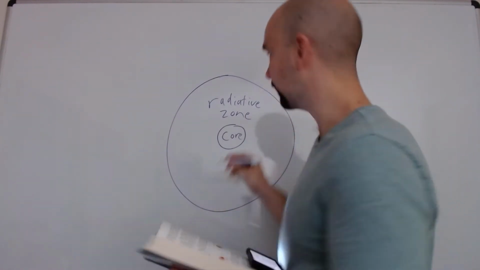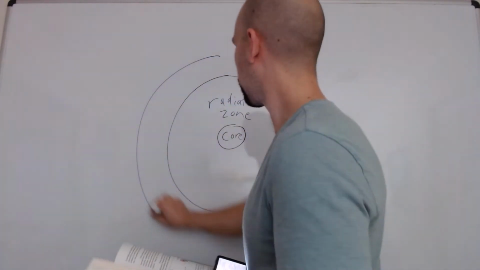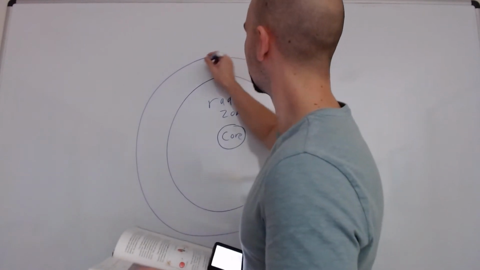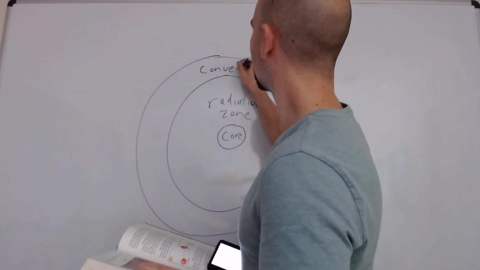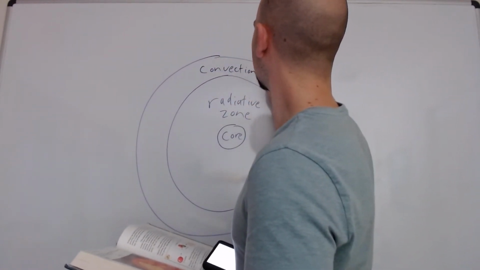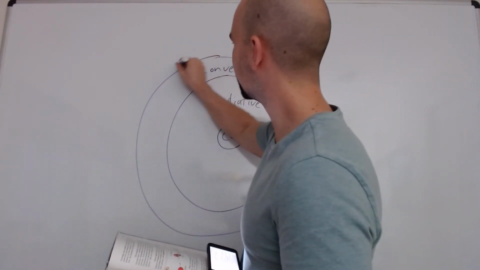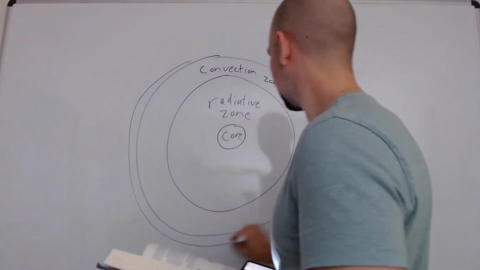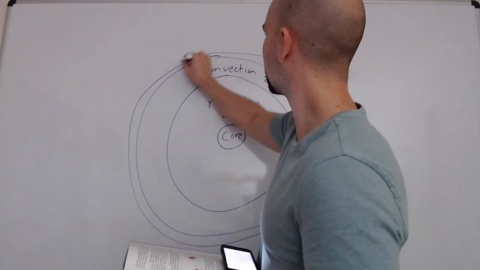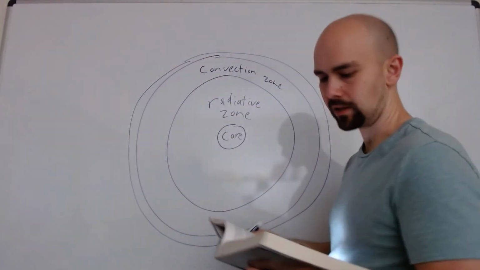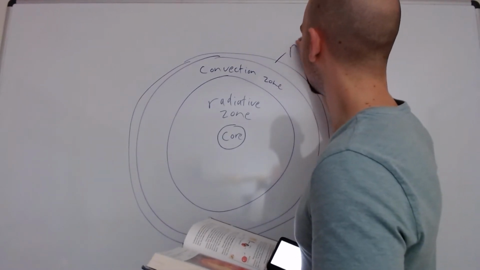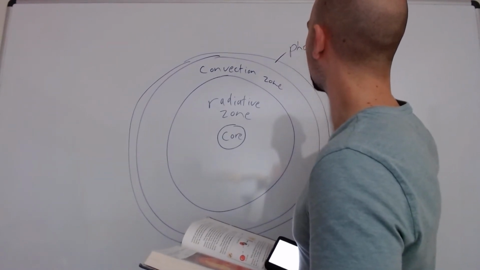Outside of that, we have a convection zone. And then right at the top, the part that we see, the surface of the sun, is called the photosphere. So think photon.